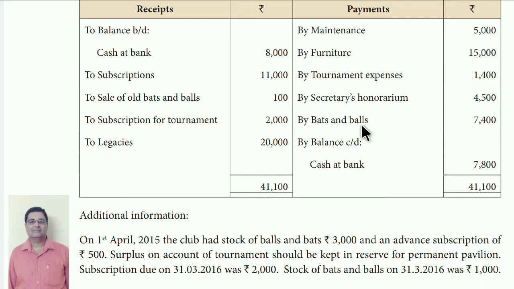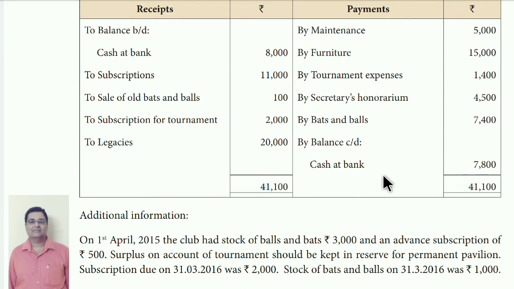So this 7,400 is the adjustment. Where do we write this 7,400? Payment means expenditure. We purchased the bat and ball, so this is an expense for the cricket club, because our club is Coimbatore Cricket Club. So this 7,400 we write in the expenditure. 7,400 plus 3,000, and in the last line see here written stock of bat and ball 1,000.